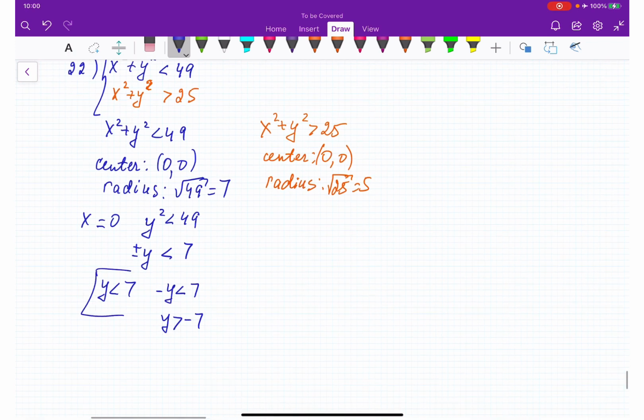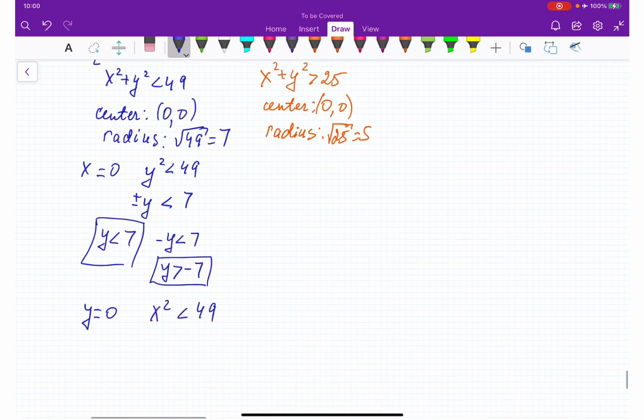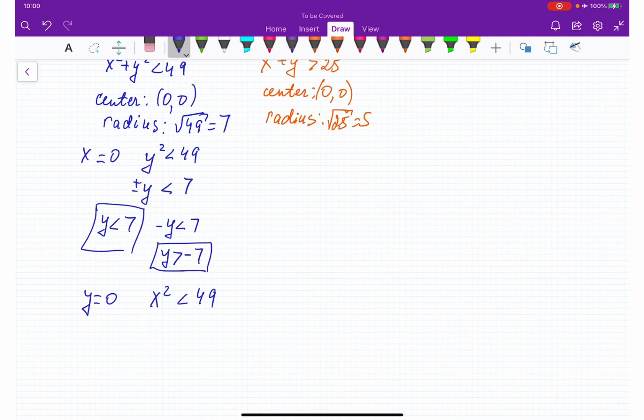So this is going to be our first shading area. And then when y is equal 0, I get x squared less than 49, right? And we get the same way. So it's going to be plus minus x less than 7. So x is going to be less than 7, and x is going to be greater than negative 7.